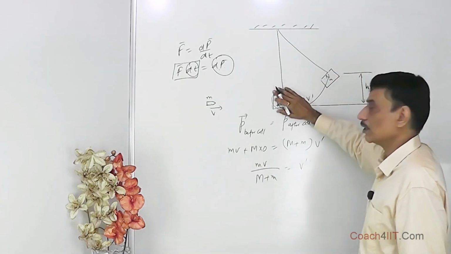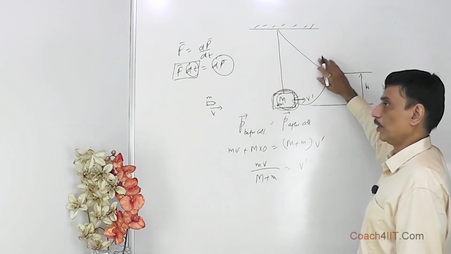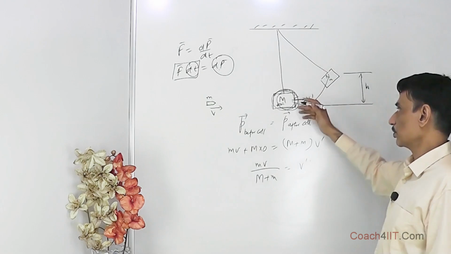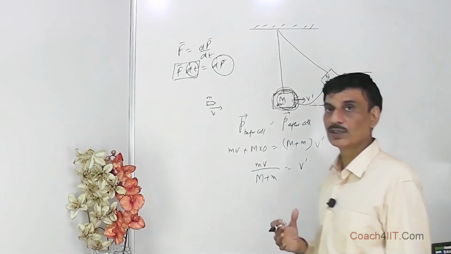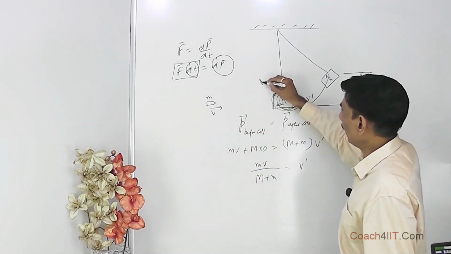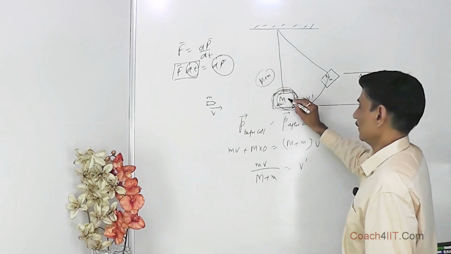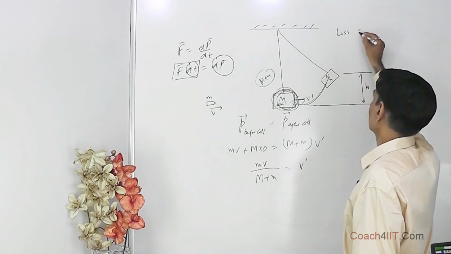So all the energy this system had has been converted into its potential energy. We have a single block system, both of them make one system, we don't have two blocks and a pulley, etc. Initially this mass of M plus m has kinetic energy, and the whole gets converted to potential energy.